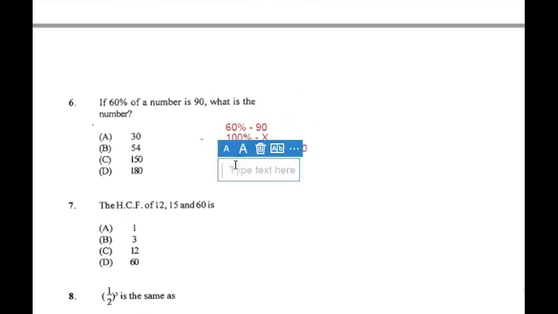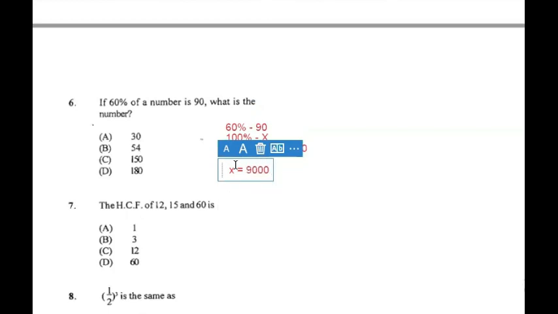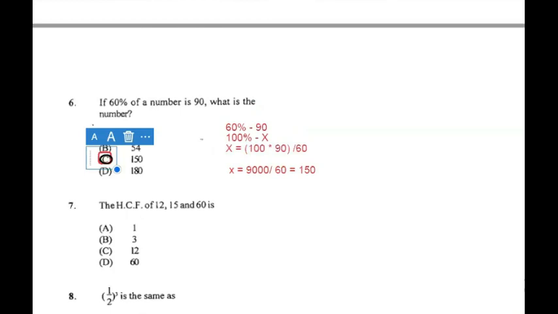So x is equal to 9,000 divided by 60, and that will leave us with 150, as 0 cancels 0, and then 6 into 90 is 15 times. So our answer is 150. So our answer here is C.